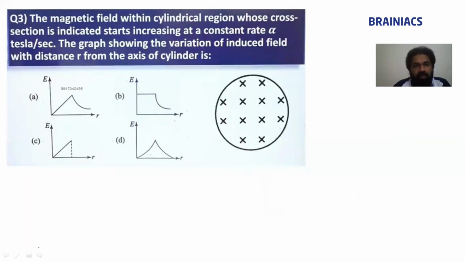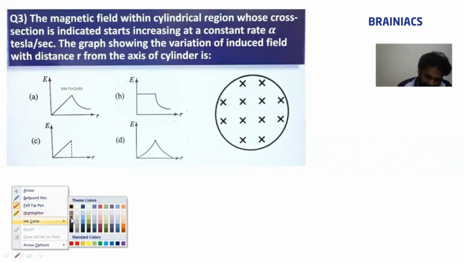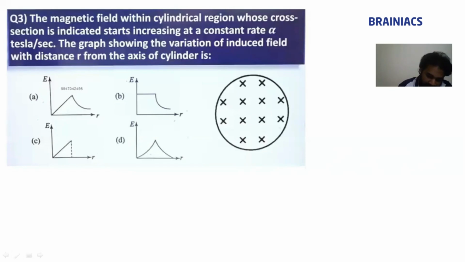The graph shows the variation of induced field with the distance r from the axis of the cylinder. In the options, I would like to add one more thing. Just like here, for proper clarity, the radius of this cylinder, if we take as r, here we can add r.